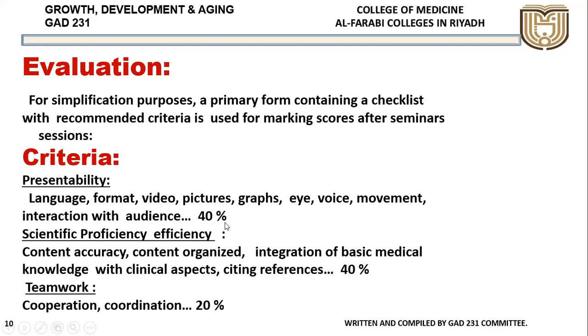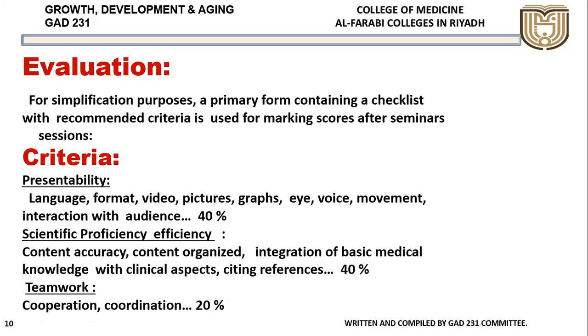That is 4 marks here, 4 marks here. Okay, 8 marks. And the remaining 2 marks will be for the teamwork. How exactly you will be able to cooperate with each other, as well as the coordination between the students. Okay, the two presenters, how exactly they will coordinate, how the one ends and the other will begin exactly from there.